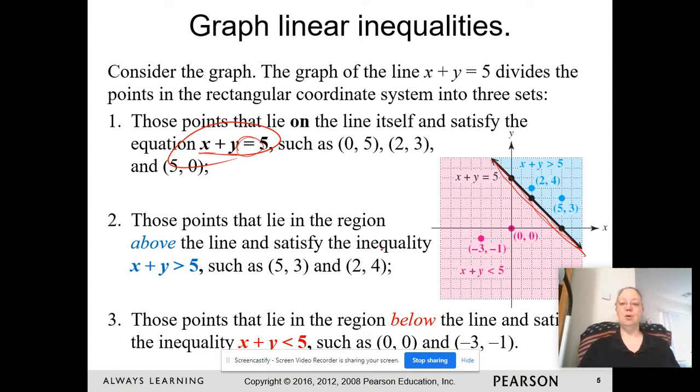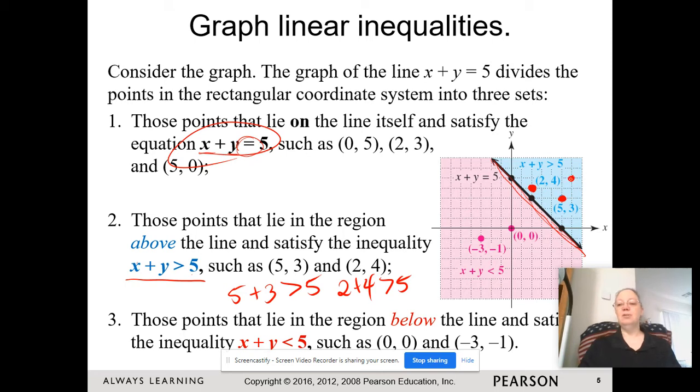Okay, so if we take a look at this, the blue, x plus y is greater than 5. Let's take a look at this point right here. If we plug it into this inequality, we have 5 plus 3 is greater than 5. That's a true statement. If I plug in the point (2, 4), I have 2 plus 4 is greater than 5. That is also true.